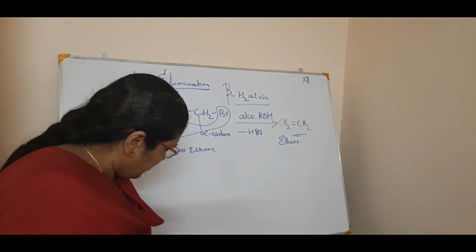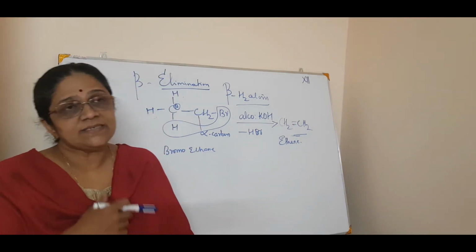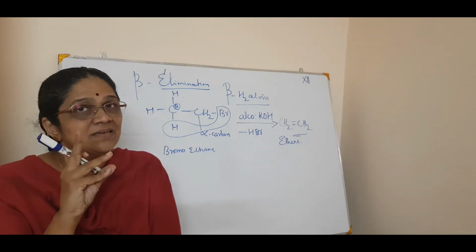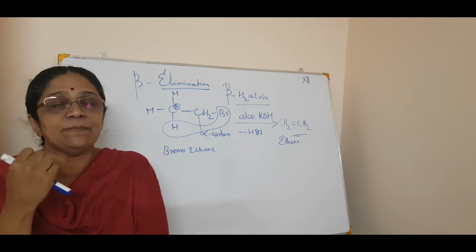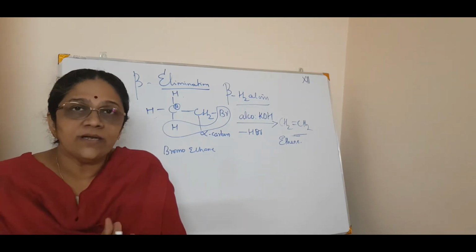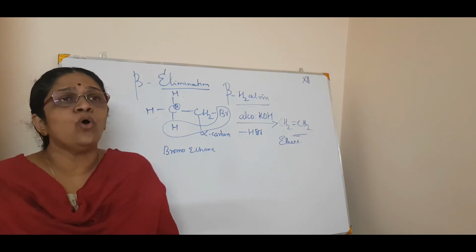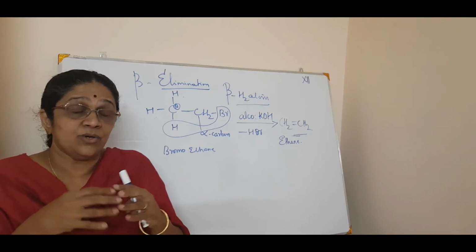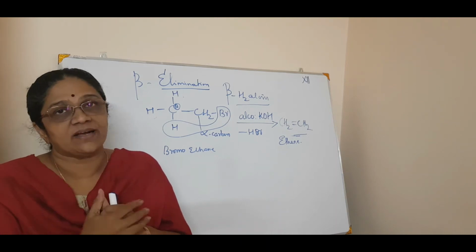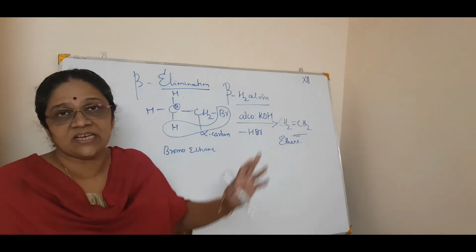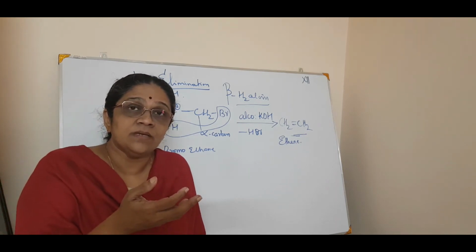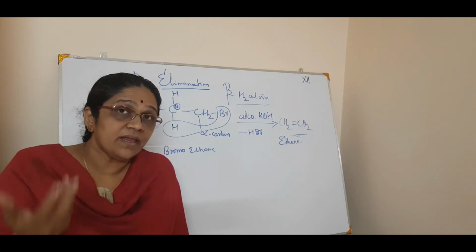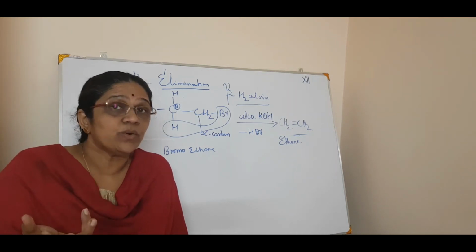Okay. Now one more thing I want to tell you at this point of time is, we have studied two types of reaction, nucleophilic substitution as well as elimination reaction. Now the point is, sometimes a reaction takes place due to many factors, isn't it? For example, tertiary carbon atom or tertiary halides will undergo SN1 reaction more than SN2. Or a primary alkyl halide will have SN2 reaction more than SN1.